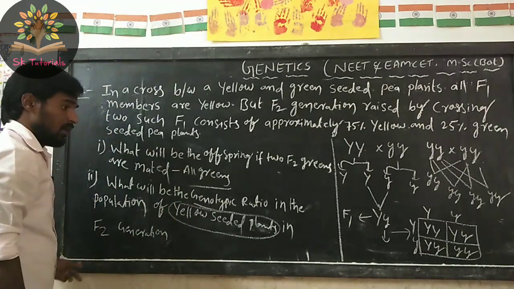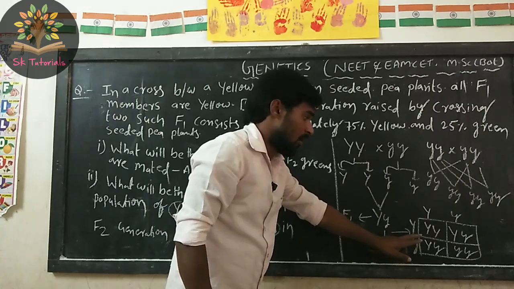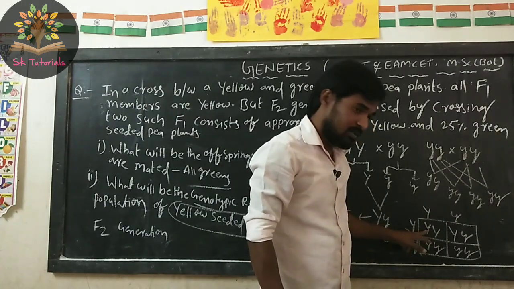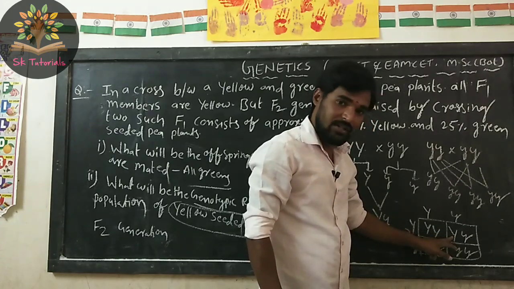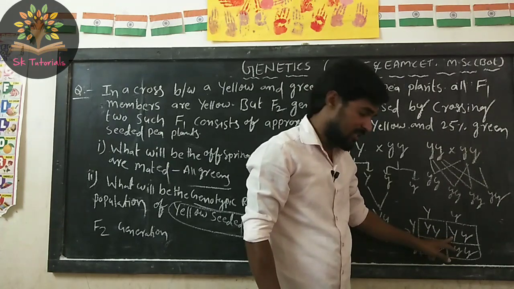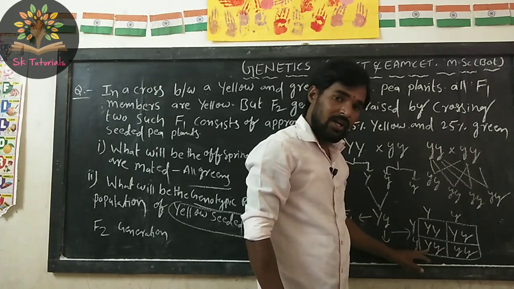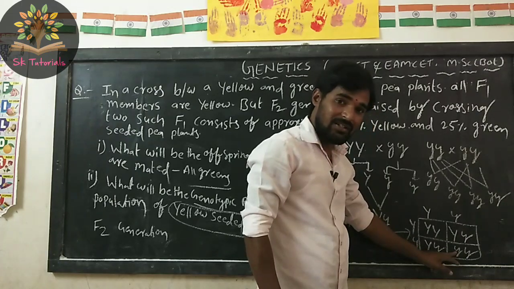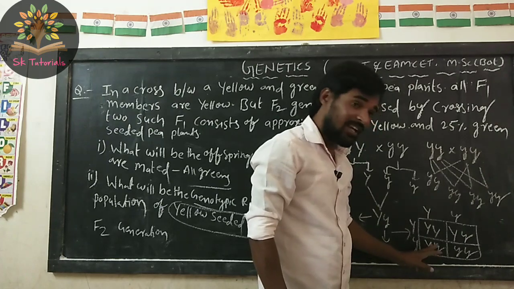Genotypic ratio, in which generation? In the F2 generation. How many yellow seeded pea plants are here? This is yellow seeded, homozygous yellow. This is yellow seeded, but it is heterozygous yellow. This is yellow seeded, but it is heterozygous yellow. This one is green seeded, but we don't want this. So how many here? 3.